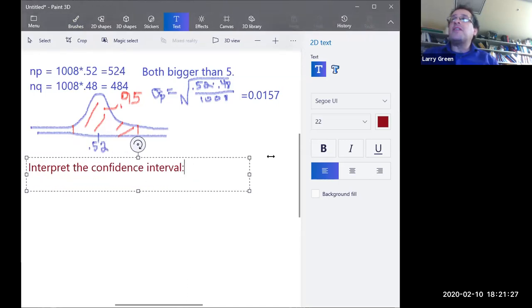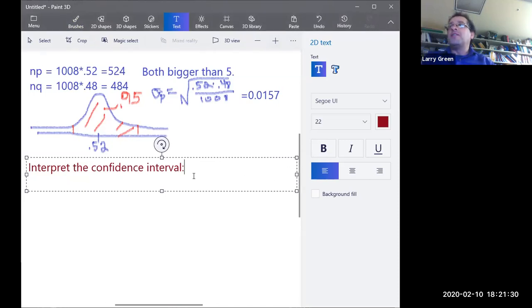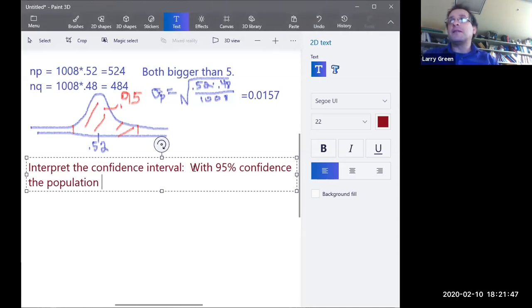Okay, sometimes I'll ask you to interpret the confidence interval. Sometimes I'll say, what are the results? That's the same thing. And what we can say is that with 95% confidence, the population proportion, okay?